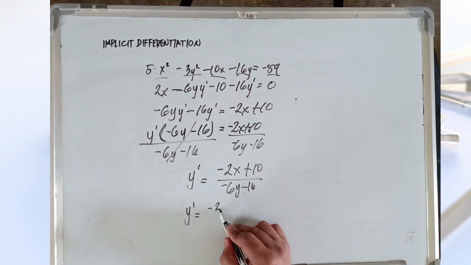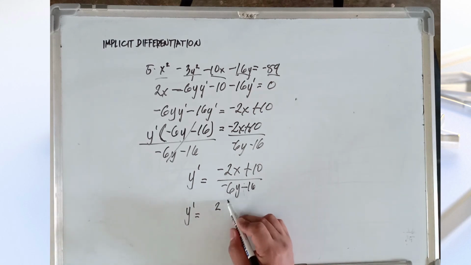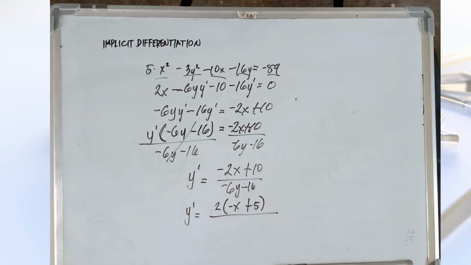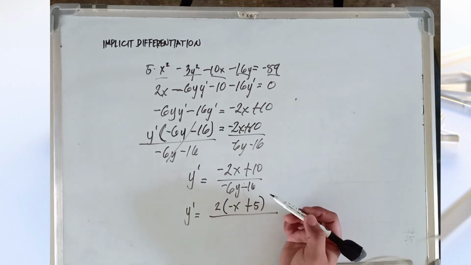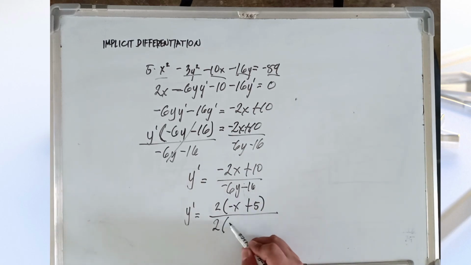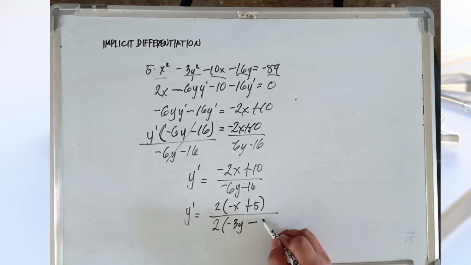Let's do factoring again here. We have a common factor, which is 2. We have negative x plus 5 over, also here, what is the common factor between 6 and 16? Yes, it's also 2. We have negative 3y, then we have 8.